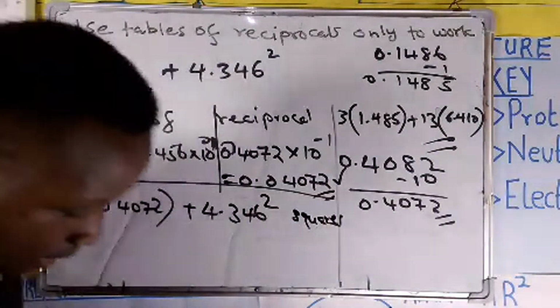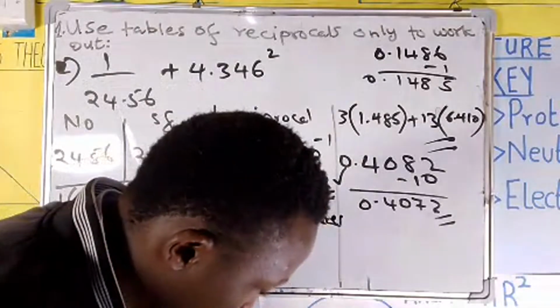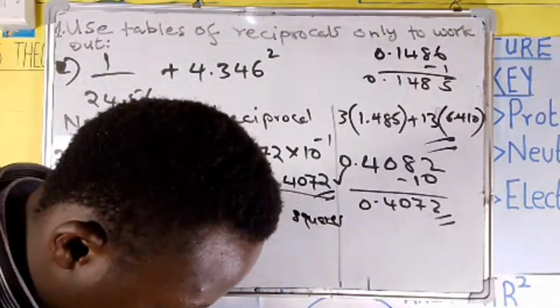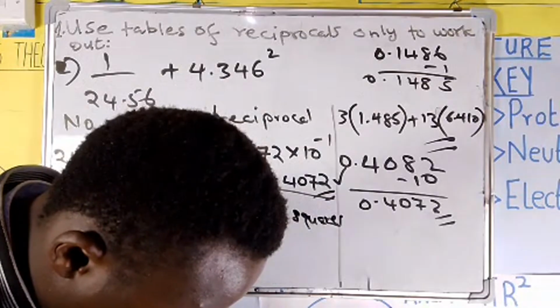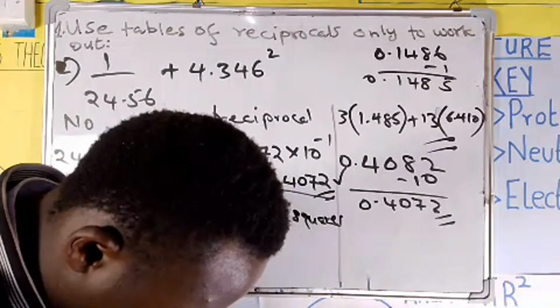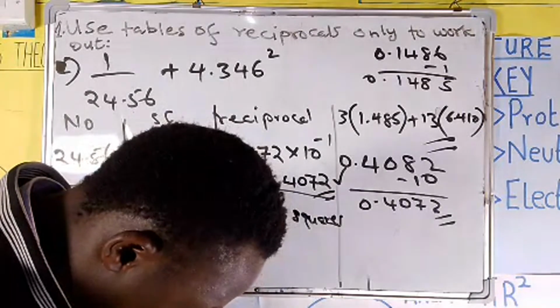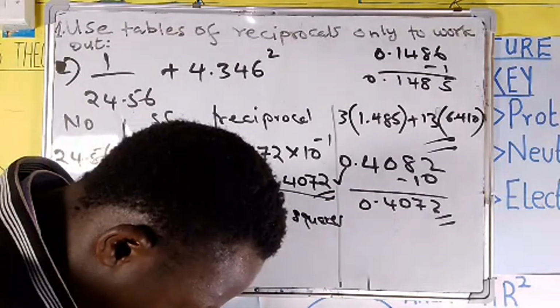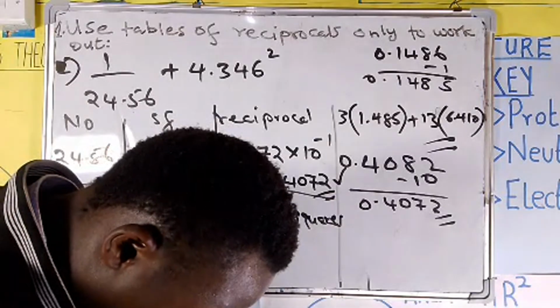and we square 4.346. The table of squares is in page 19.